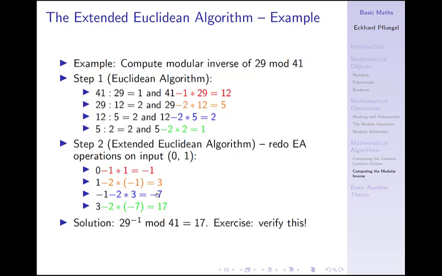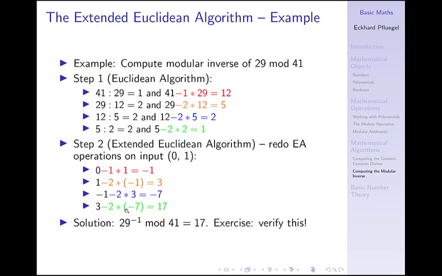One more row: copy the 3 over to become the first input, and take the -7 to become the second argument, and copy the -2 from here, which gives 3 minus 2 times -7. -2 times -7 is actually plus 14.